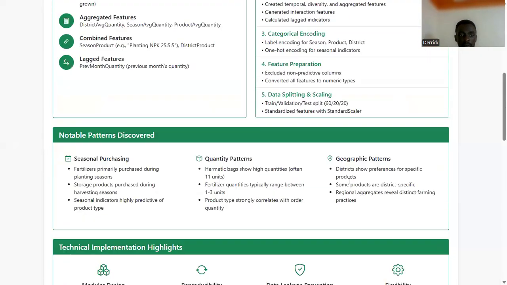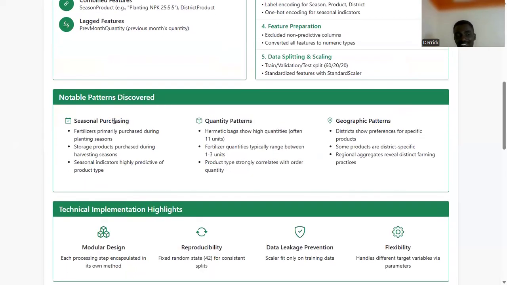So the notable patterns: seasonal purchasing, fertilizers were purchased during planting seasons, storage products during harvest seasons, and seasonal indicators highly predictive of product type. Then the quantity patterns, we have bags that show high quantity, often around 11 units, and this is how fertilizers and other products are affected.